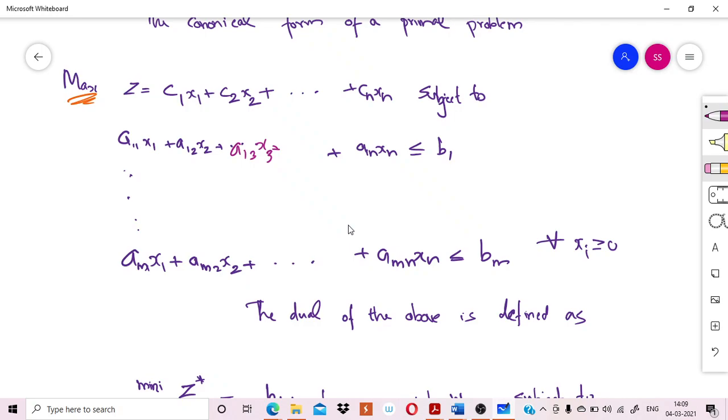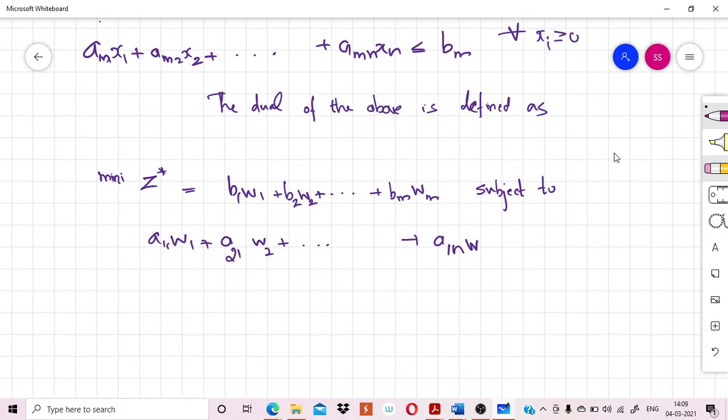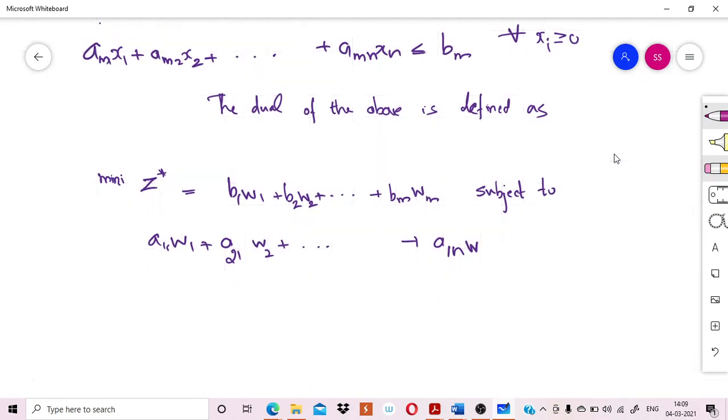Here in the primal you have a21 x1 plus a22 x2 plus etc. plus a2n xn equal to b2. So a11, a21, then a31, etc., which we have written as a column, we write as a row in this case.